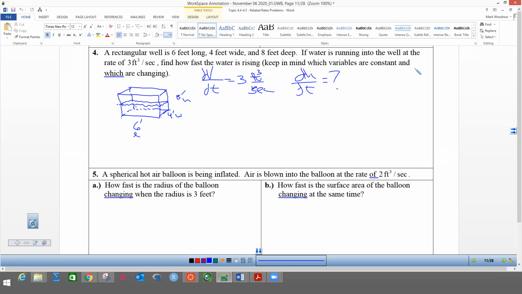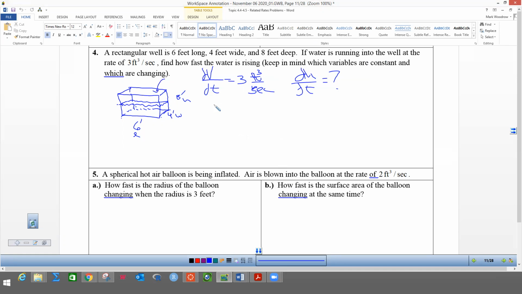Keep in mind which variables are constant. Okay, so as water's going up and down, what variables do not change in this rectangular prism? Length and width of the bottom. The bottom doesn't change, but the height, as water's coming in, the height's going up, right?